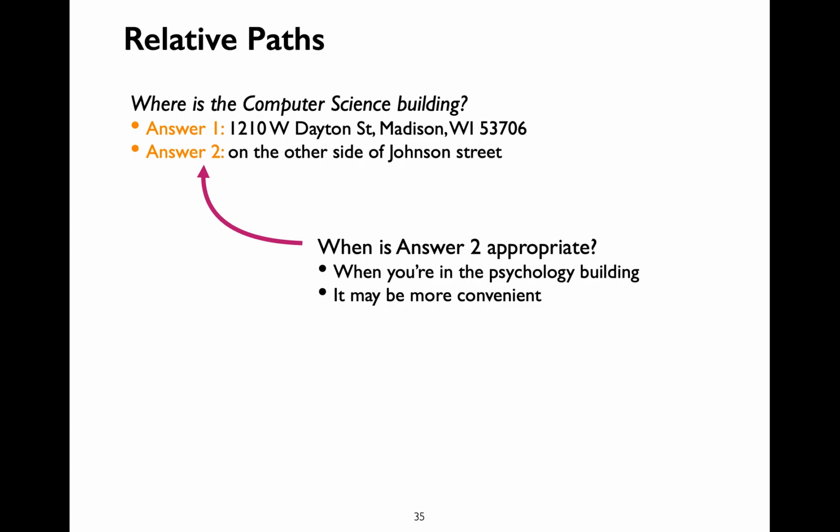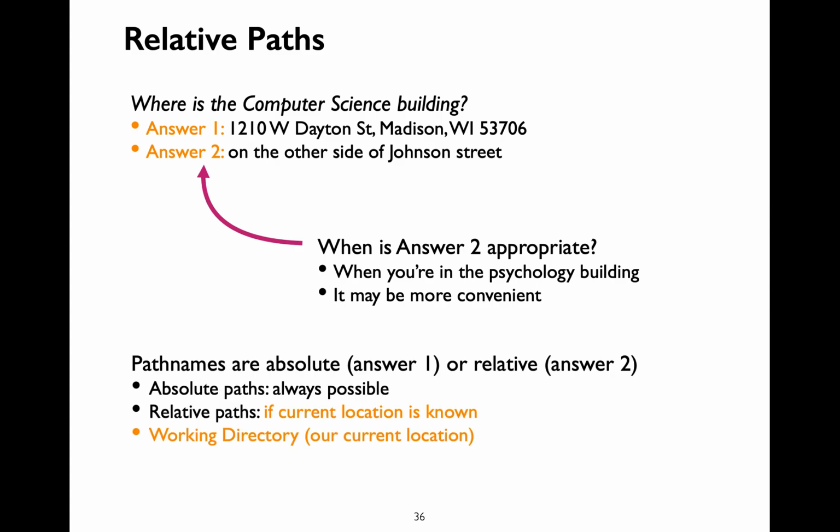When do you think answer 2 is appropriate? It's appropriate when you are in the same vicinity of Johnson Street, correct? So answer 1 here is the equivalent of absolute path names in a computer. Answer 2 is the equivalent of relative path names in a computer. So let's define both of those.